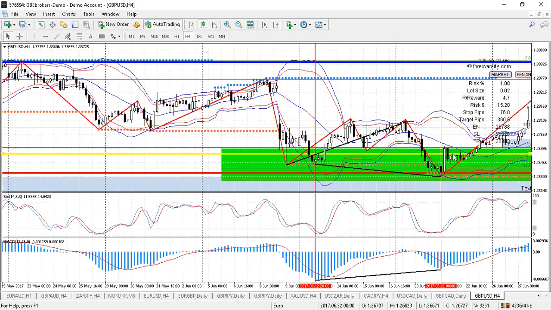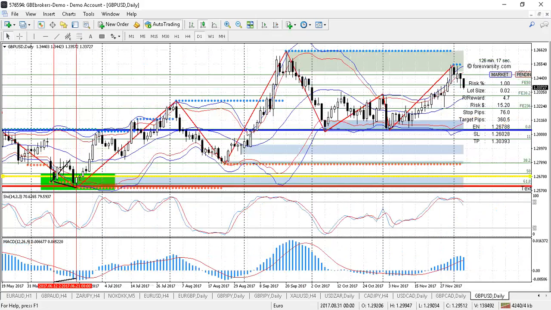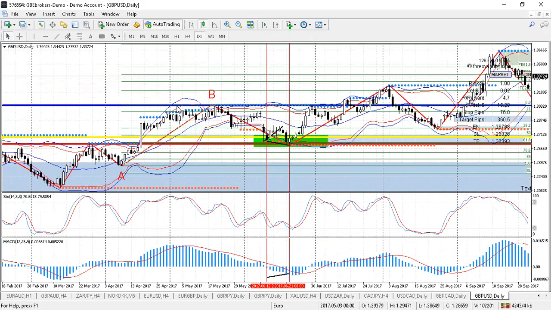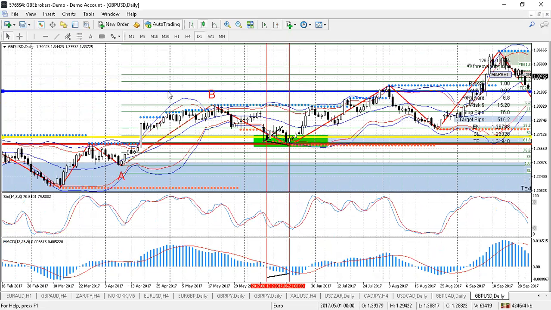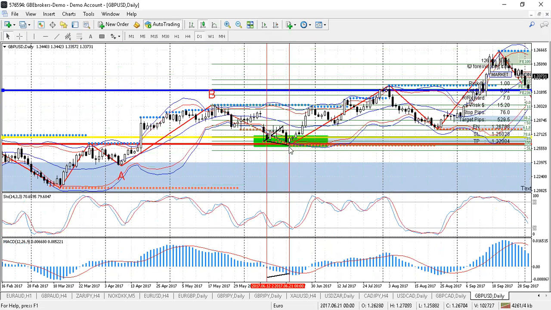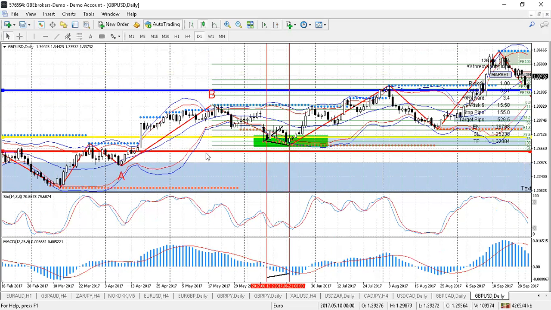At the close of that candle, we would position our take profit and stop loss based on the daily. So we perhaps go for a Fibonacci extension 23.6, position our stop loss, and again we've got a nice 3.4% profit.